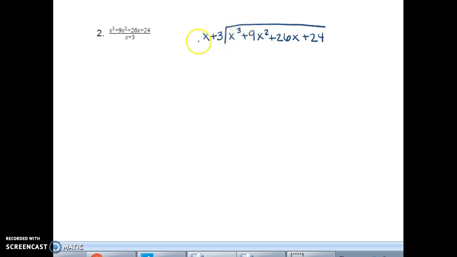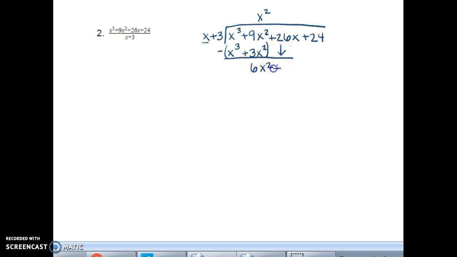You always, again, go to this first x and you ask, how do I make an x become an x cubed? By multiplying by an x squared. x squared times x is that x cubed we were looking for. x squared times 3 is a positive 3x squared. And then we subtract. These should cancel. 9 minus 3 is 6x squared.